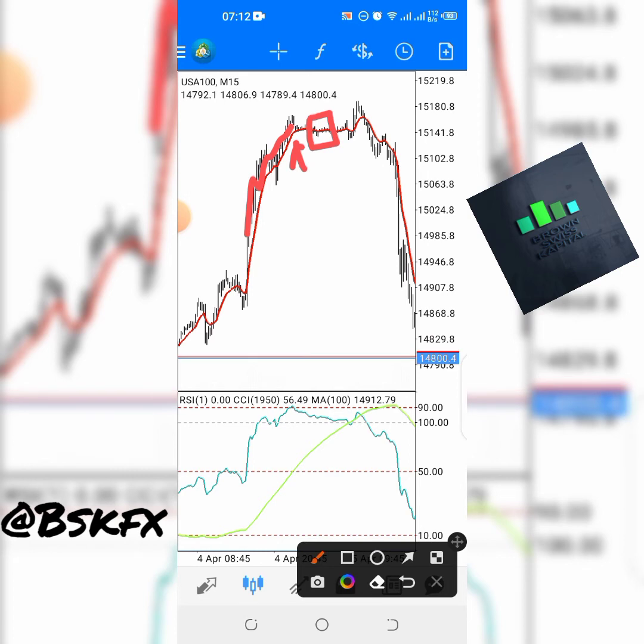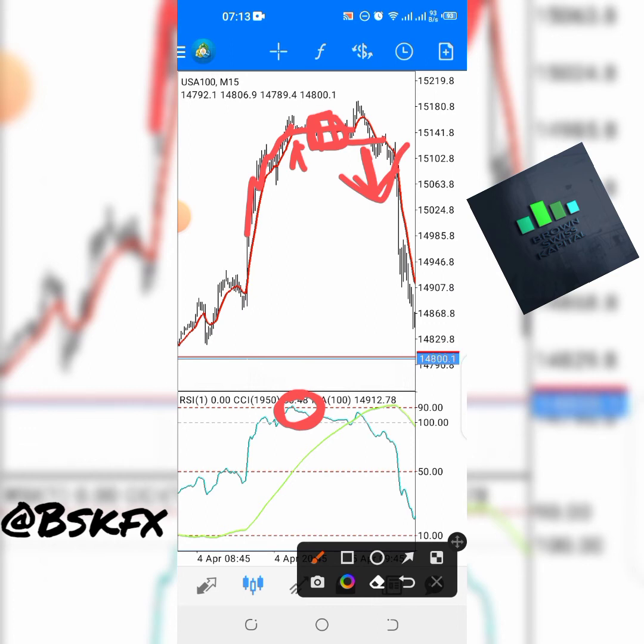Then you go to the indicator window, the CCI has to touch the 90 extreme level. So after the CCI touches here and price closes below, we are good to enter, right? That was the basic rule.